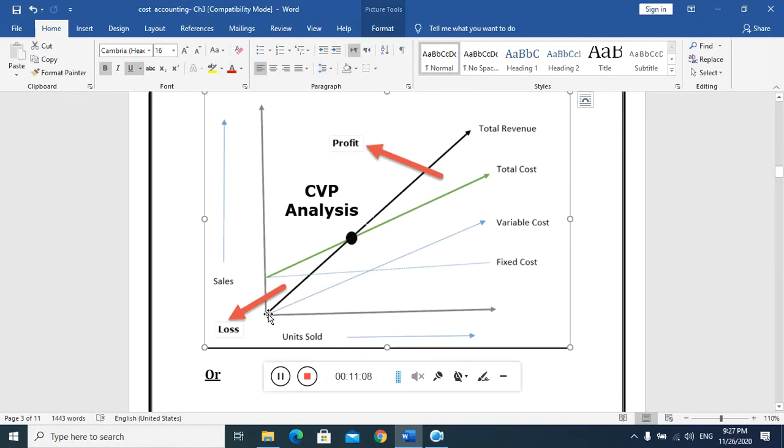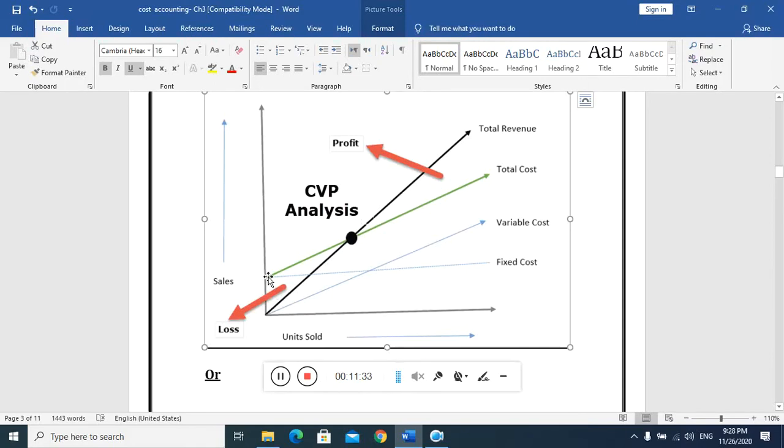Variable cost line: as we took in chapter 2, there is a direct relationship between total variable cost and the total production or total level of activity. So we start the line of total variable costs, the blue line, from 0, and it goes up.